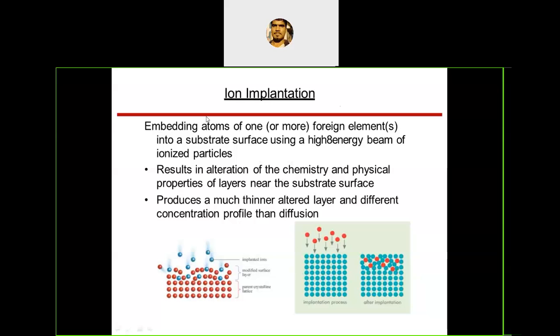This process is a replacement for either the CVD or PVD process, and produces a much thinner altered layer with a different concentration profile and diffusion. When compared to PVD and CVD, here we can produce a much thinner layer on the substrate.